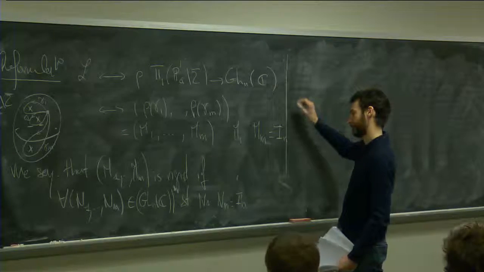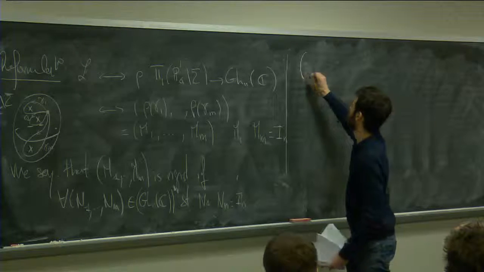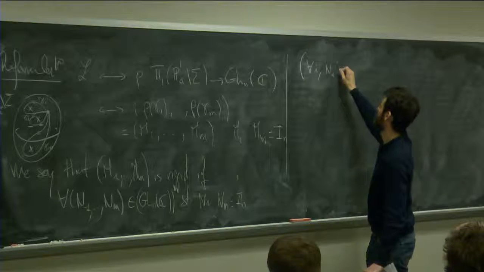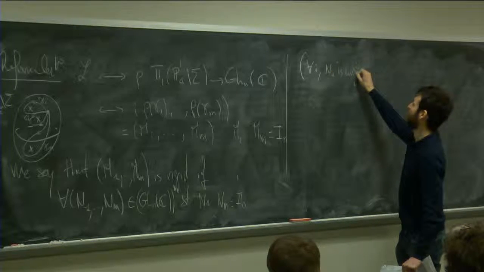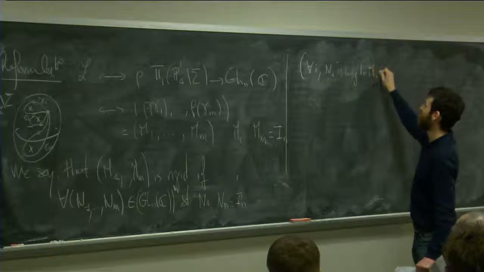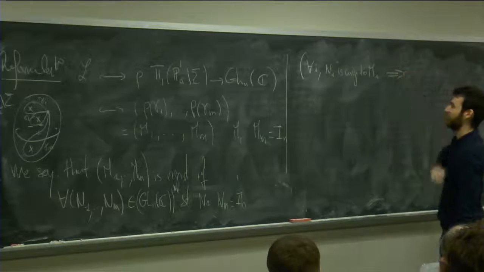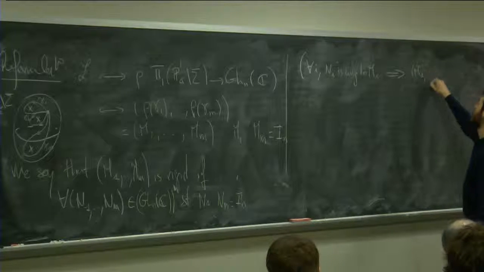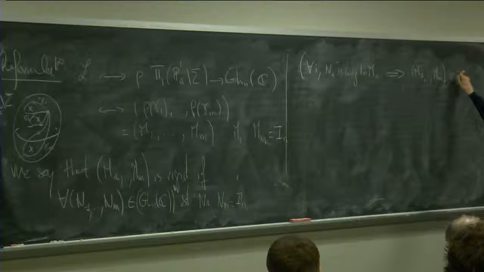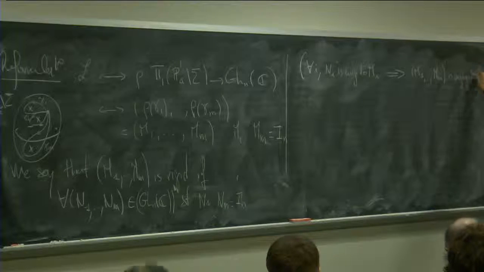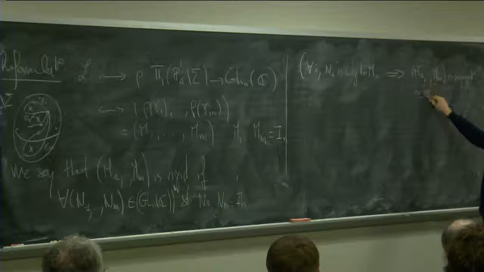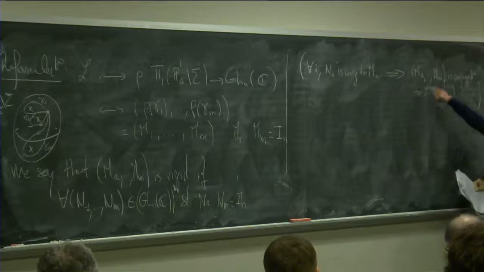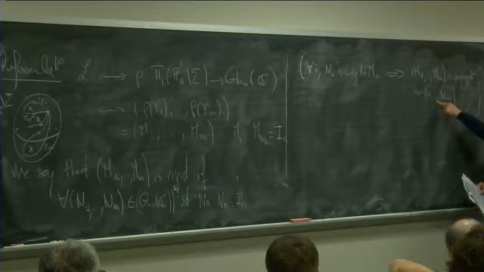Then, if we have for all i that Ni is conjugate to Mi, then M1 to Mm is conjugate to N1 to Nm. So you have just one base change, the same base change for all the matrices.